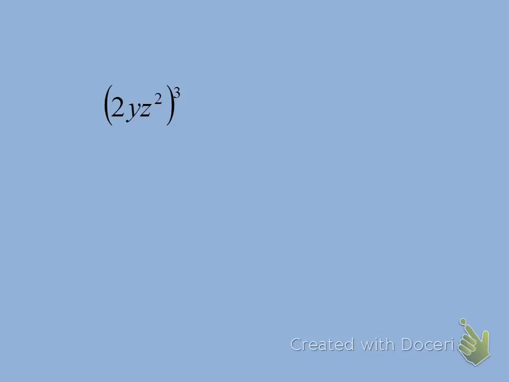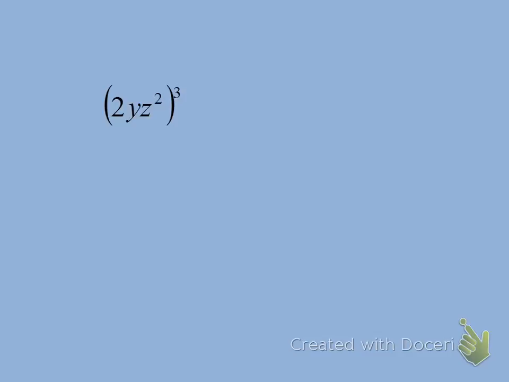Now, this one I'm going to work out. We have 2yz squared to the third. Consider 2yz squared as your base, and we're going to multiply that by itself how many times? 3.